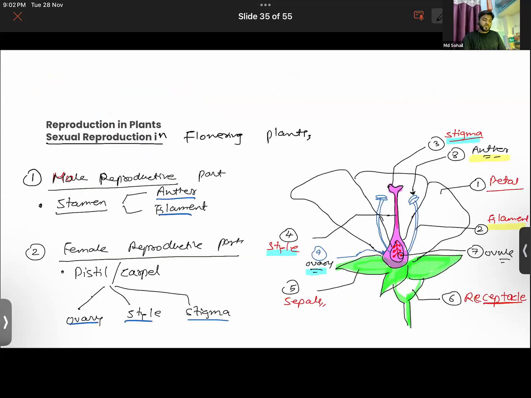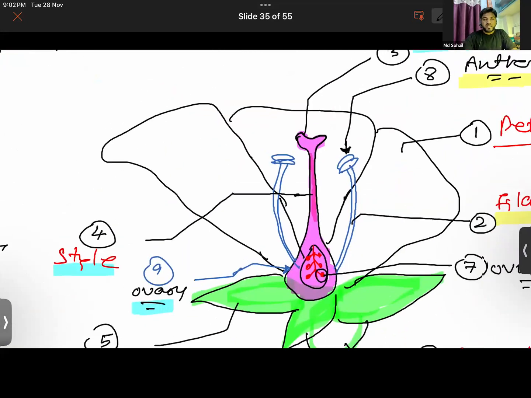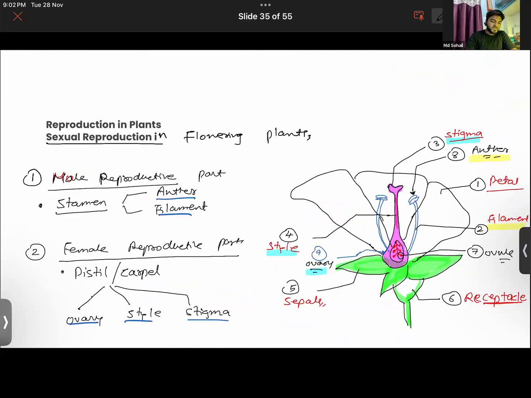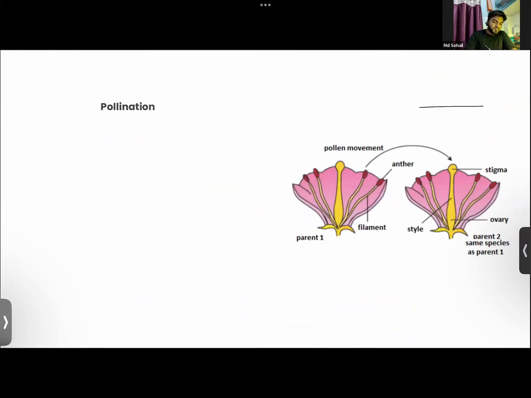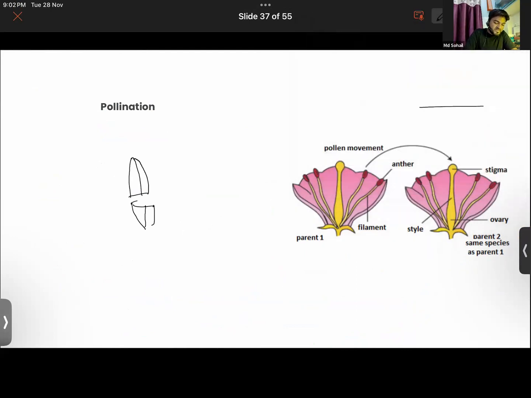Now if you were to take a piece of this anther and cut it from the middle like this, you will observe a structure something like this. There are some spherical ball-like structures found in it, and these are called pollen sacs.